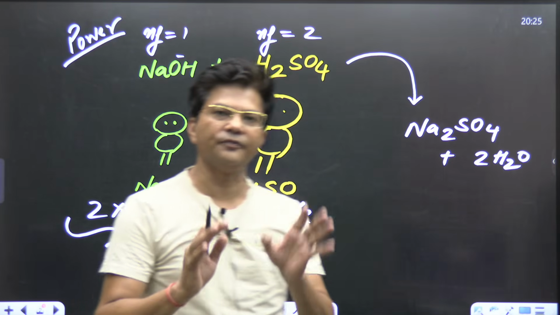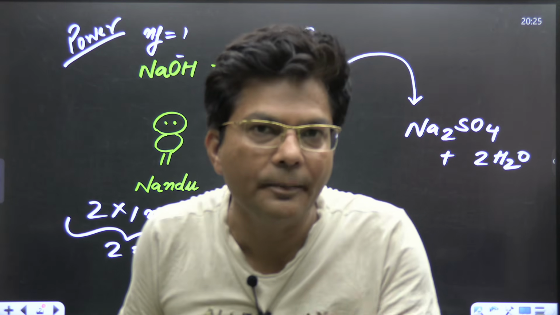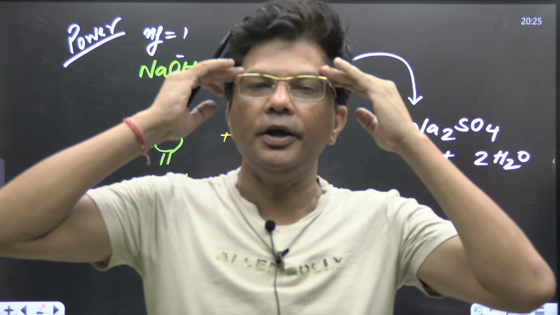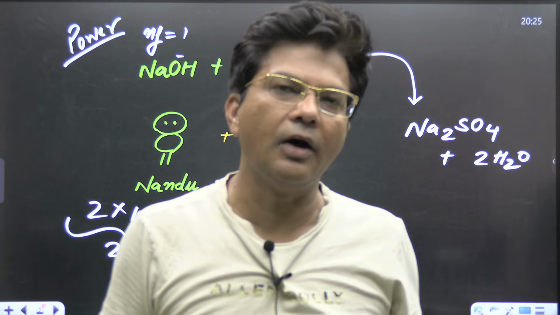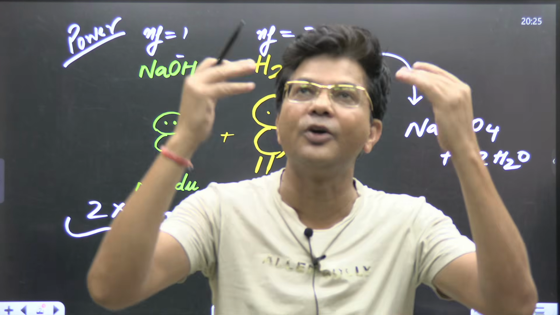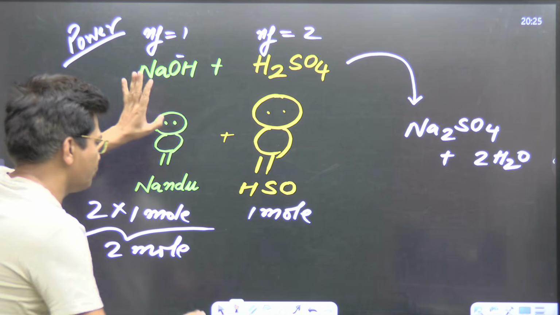Now this is the fight, we have easily solved it, but if it comes in chemistry, we won't be able to solve anything. Oh my god, what's happening, what's going on, darkness will spread before our eyes. So let's see how to do that in chemistry.